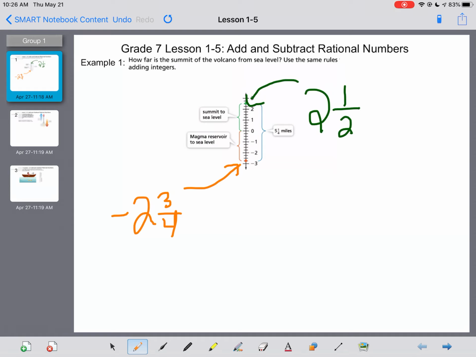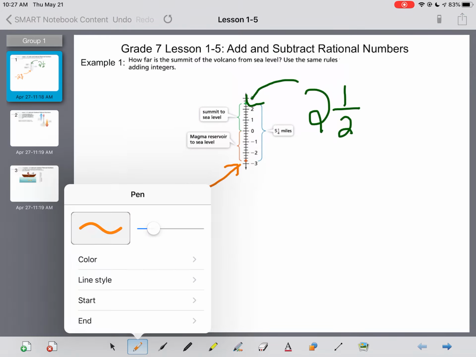So I know that I have my summit at 2.5 miles above sea level, and I know the reservoir is 2 3/4 miles below sea level. Even though we have a negative number, we're going to come back to that later. First, I know summit to sea level.